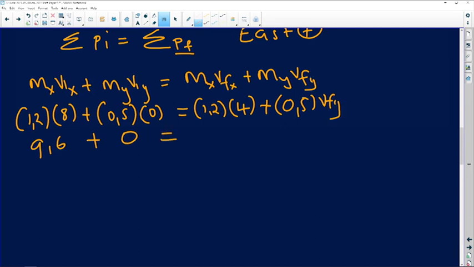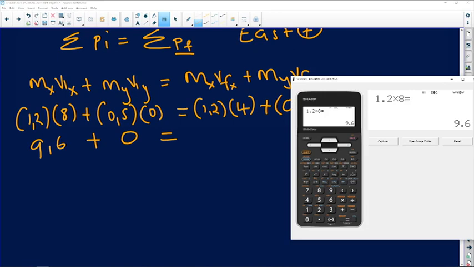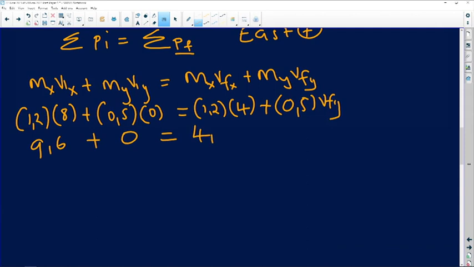We go to our calculator. 1,2 times 4. What do we then get? We get 4,8, which is plus 0,5.